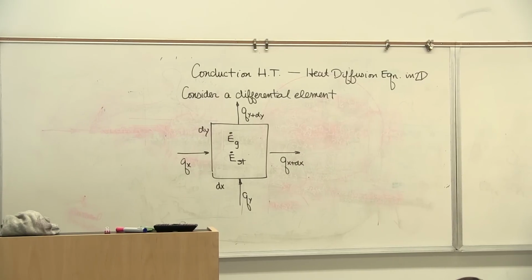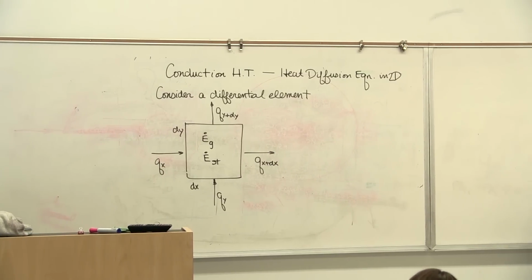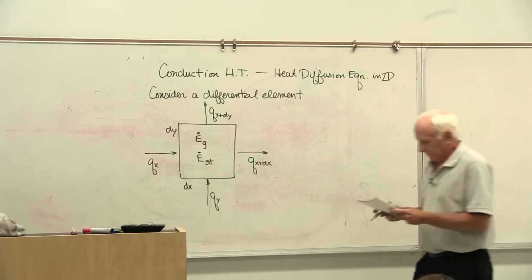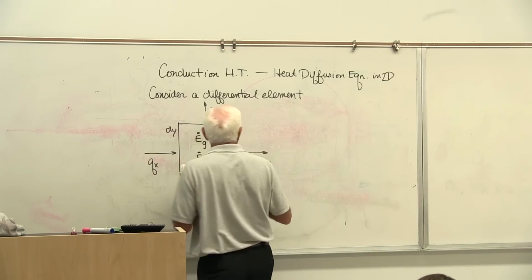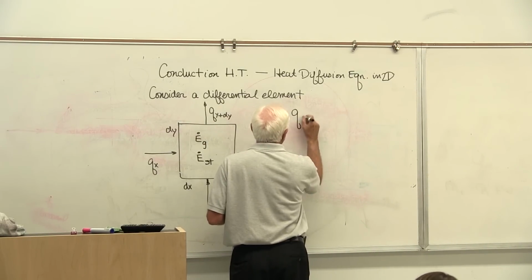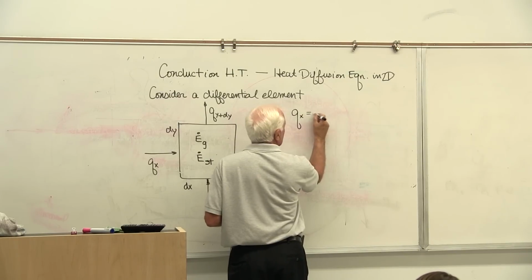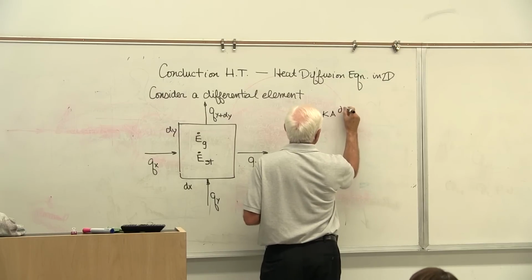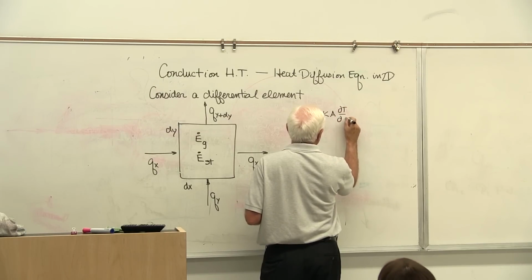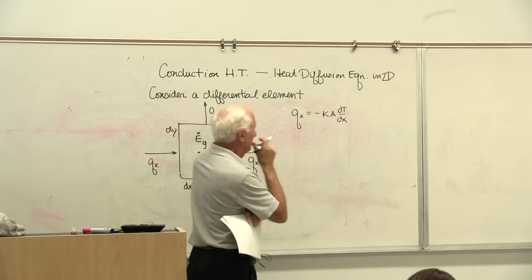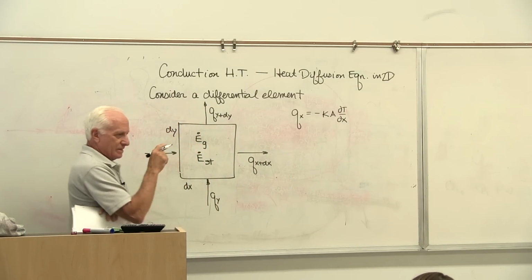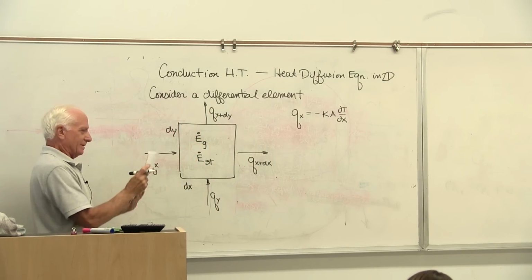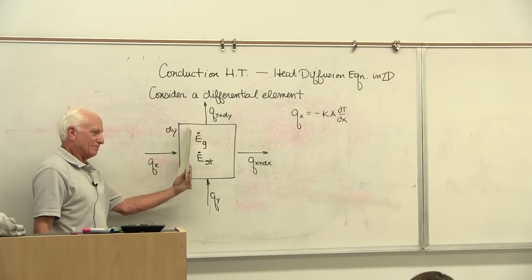Okay, so with that, we can start putting some terms in. Let's put Qx in here. Qx is conduction, so it's minus k A dT/dx. The area through which the heat's conducted is this piece of paper. Its height is dy.